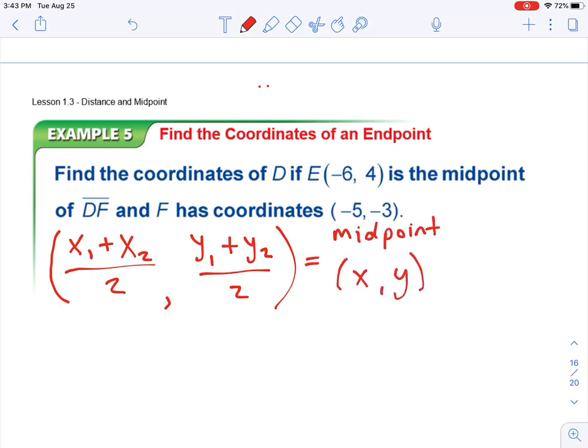So now if we read the problem, find the coordinate of D if E is negative 6, 4, the midpoint of DF, and F has coordinates negative 5, negative 3.